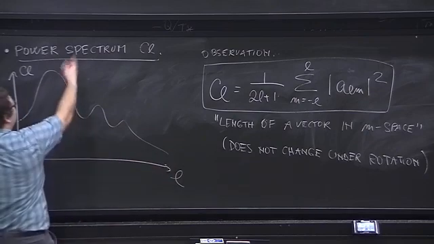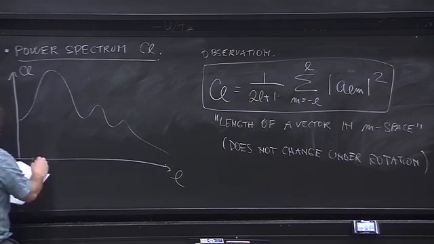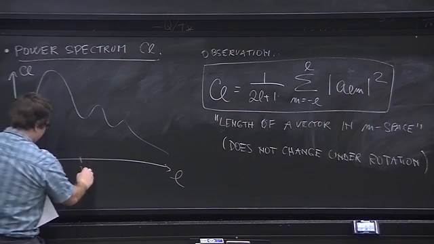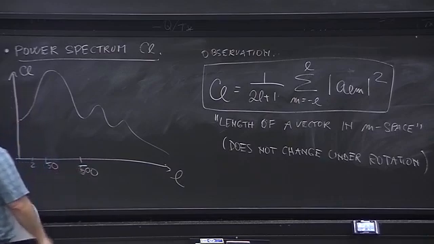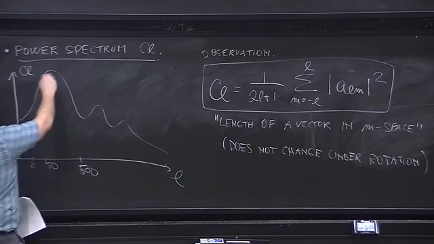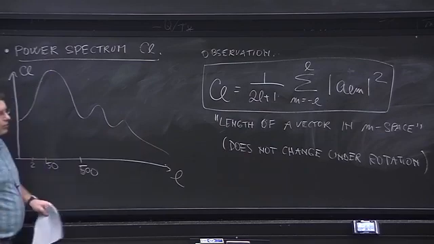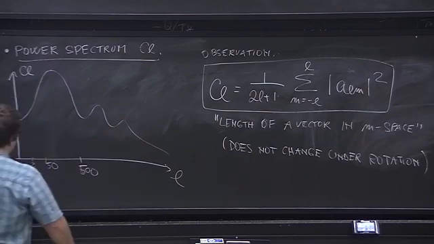This is called the power spectrum. So this is like 2, this is like 50, it's like 500, and so on. And the measurements are all on this curve. This is a theoretically predicted curve, which you will not predict, but I will tell you how to predict it.